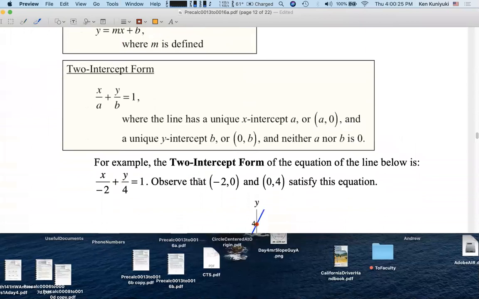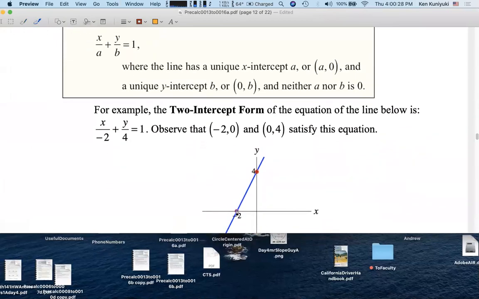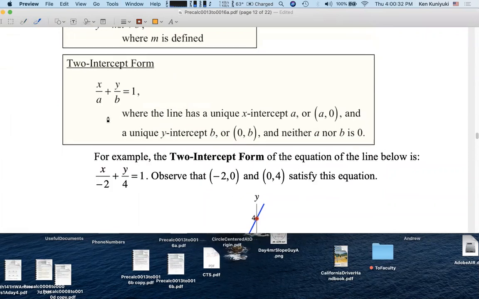Okay, well, if a comma 0 is the x-intercept, and if 0 comma b is the y-intercept, here's another form. Observe that a comma 0, the x-intercept, satisfies this equation. 0 comma b would also satisfy this equation if b is not 0. It's a bit exotic, but it's there. Two-intercept form for a tilted line that does not go through the origin.